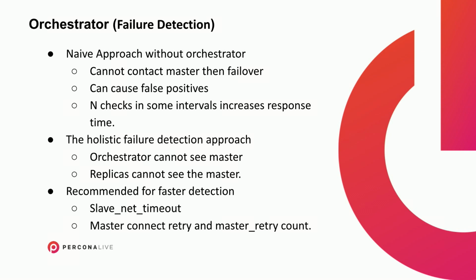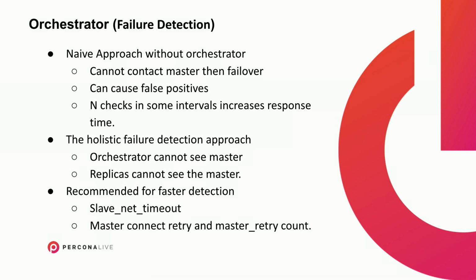So how does Orchestrator detect the failover? The naive approach, when Orchestrator is not there, is that other tools do the failover if the master is not available. In this situation, it can cause a false positive if there is any network partitioning or network disturbance on the node; it will do the failover.